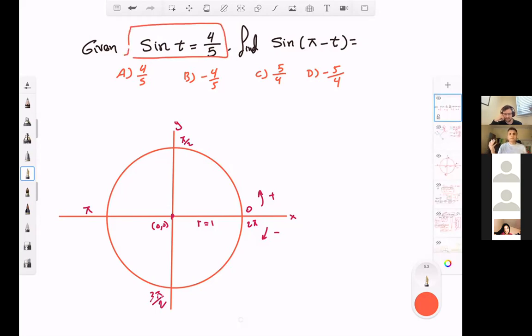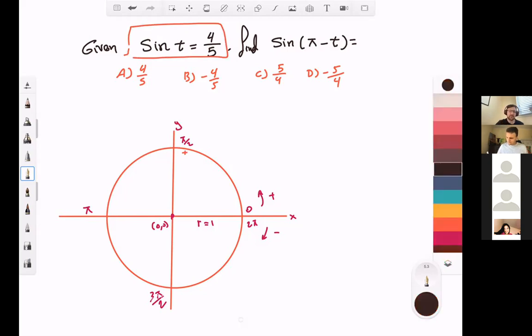So I'm going to randomly pick a t in the first quadrant, because this is positive and sine is going to be positive in the first quadrant. For example, this much. I'm going to call this one t. And this length here will be sine, the value of y. So this is 4/5.